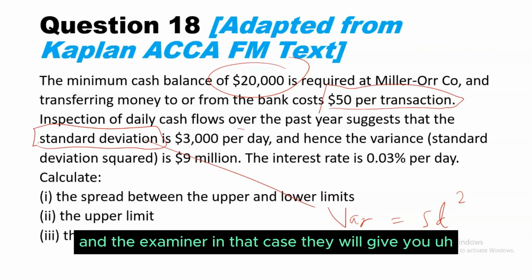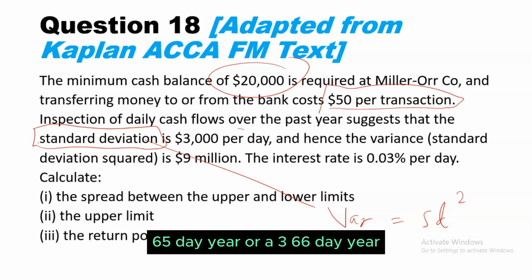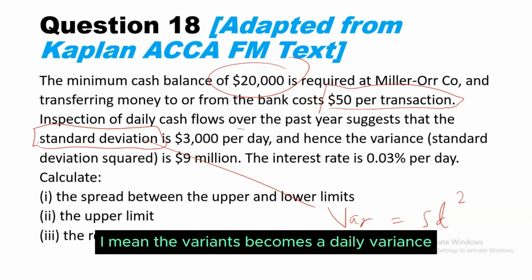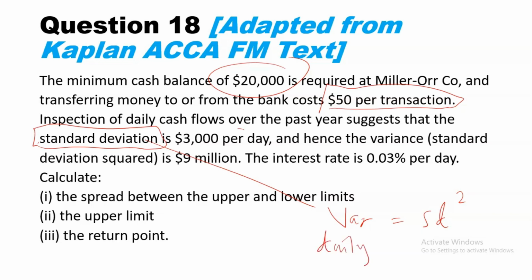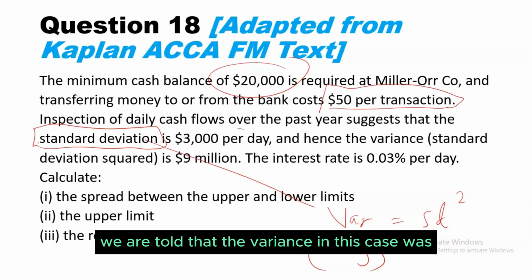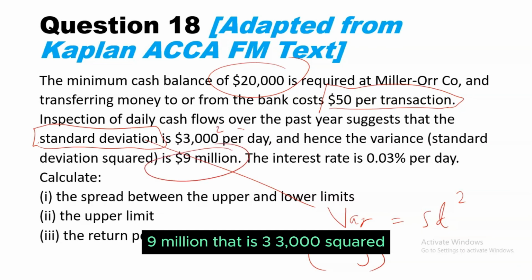And the examiner, in that case, will tell you if it was a 365-day year or a 366-day year. So you need to then ensure that the variance becomes a daily variance. That said, let's continue. We are told that the variance in this case was 9 million. That is 3,000 squared. That's 9 million.